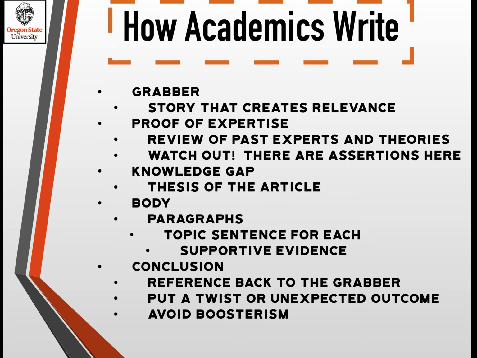Having established that there's something interesting here, they move on to prove that they are experts in their field. And so they go through a review of what other people have said about this topic. This is a listing of names. It also has assertions that people make.